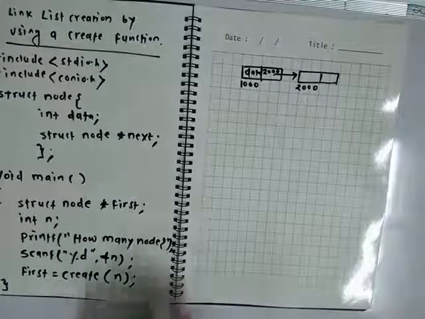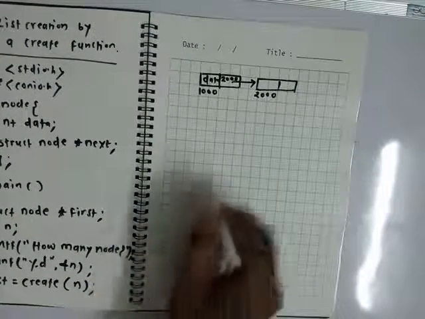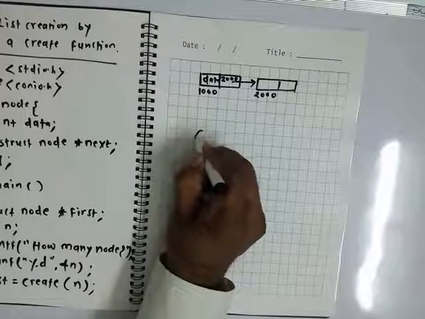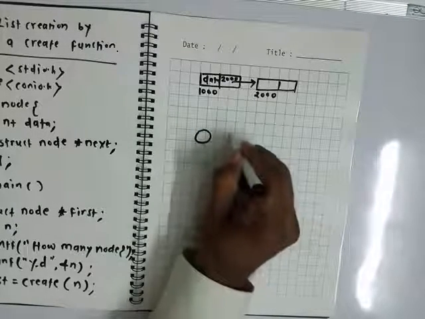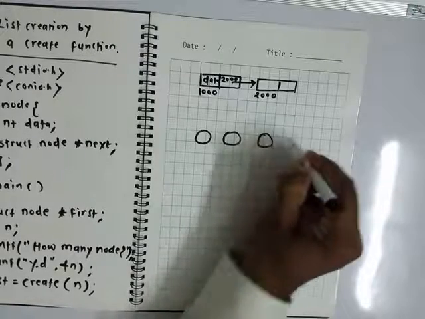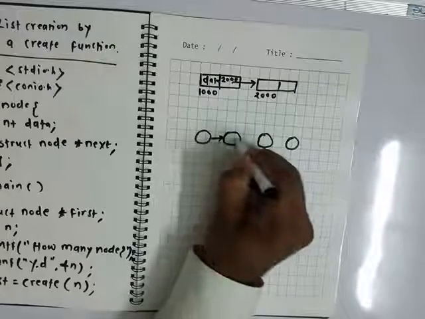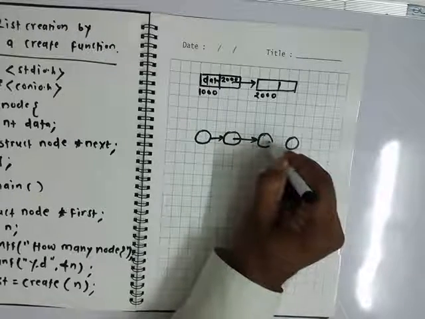So now what will the create function do? As I just said, the create function will create a linked list which will look like this. So here is the example which create will do.